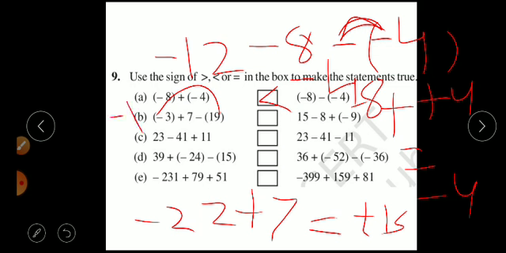So here -15 and here -8 minus 9. What will -8 minus 9 equal to? -17. -15 minus 17 will be equal to 2. So here is the greater sign, sorry, here is 2 and here is 15. So which is greater, 15 or 2? 15 is greater, so this will become a greater sign towards 15.